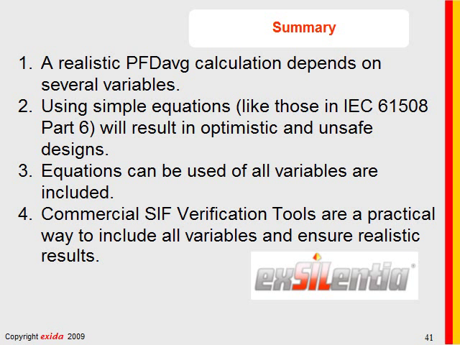Equations can be used if all variables are included. Commercial SIF verification tools, several of them, are a practical way to include all variables. You need to check to make sure what variables are included in the SIF verification tool you are using.